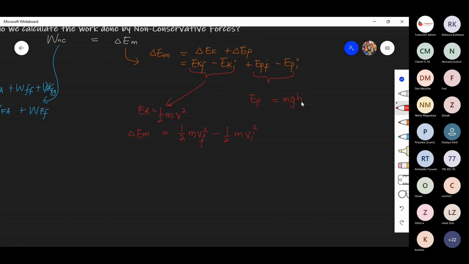And when we are dealing with initial potential energy, we will use the initial height. So that is then going to be mass times gravitational acceleration times the final height, because that is the final potential energy part. Minus, because remember this is still change, mass times gravity times the initial potential energy's height.